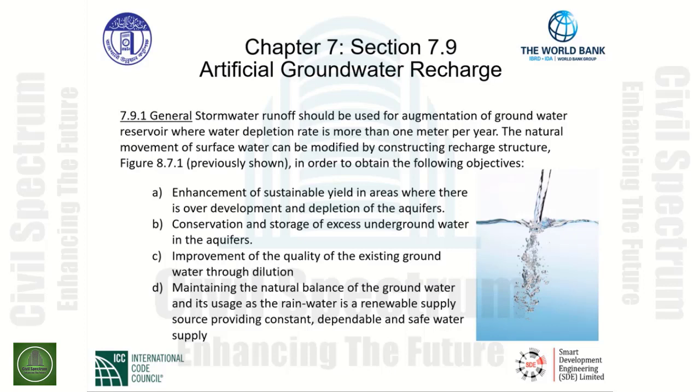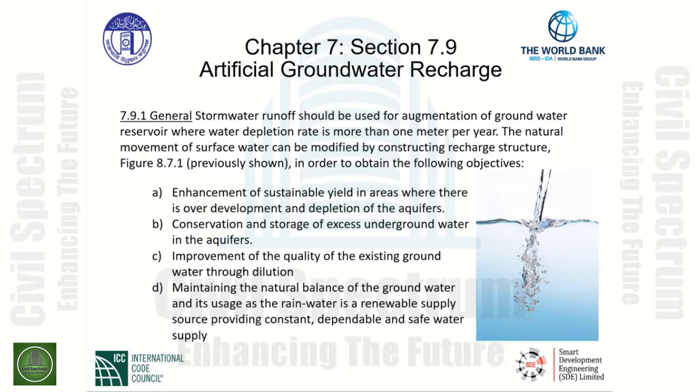Item A, enhancement of sustainable yield in areas where there is overdevelopment and depletion of the aquifers. Item B, conservation and storage of excess underground water in the aquifers. Item C, improvement of the quality of the existing groundwater through dilution.